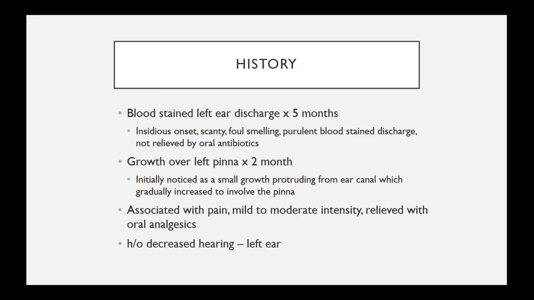Since there's a short history of ear discharge and also a growth which had rapidly increased to the present size, when he presented to us with a pinna growth of 6 by 5 centimeter size, sir. It was involving almost the whole lower half of the pinna, including the ear canal.